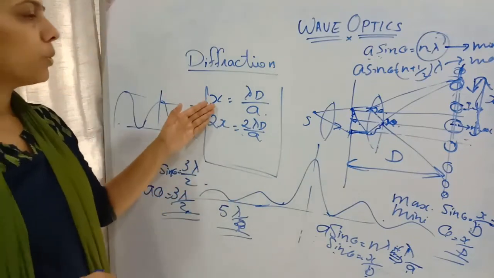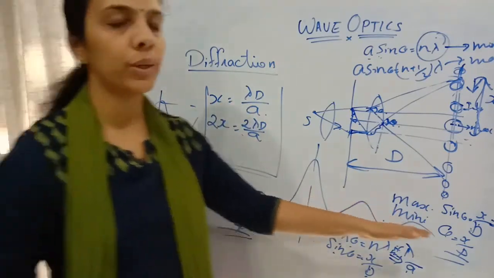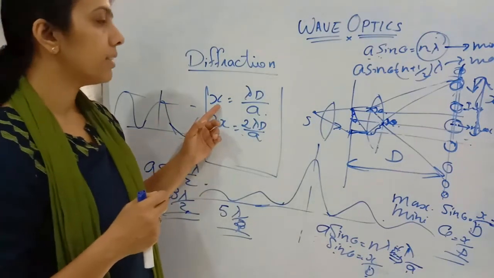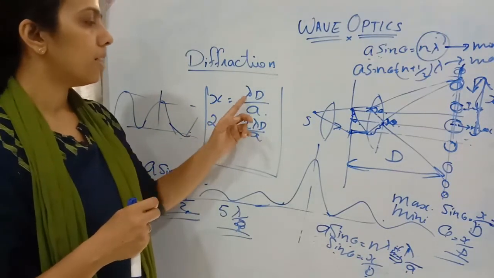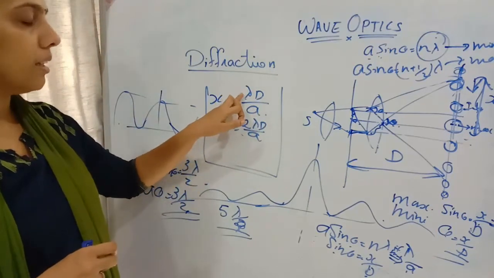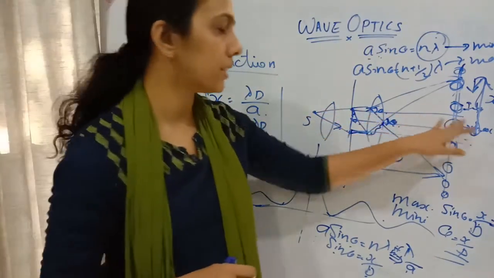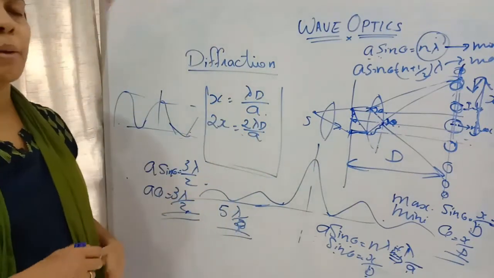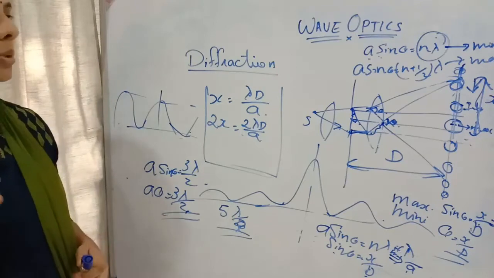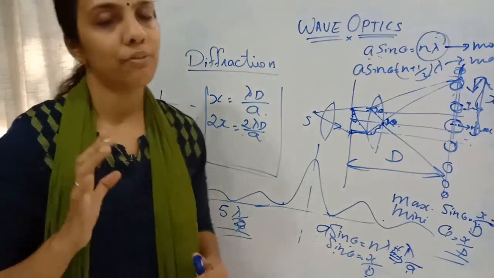Now, the angular separation we got as x by D, and the distance of separation between the waves from the central maximum, x, is equal to lambda capital D divided by a. You should learn these conditions by heart.